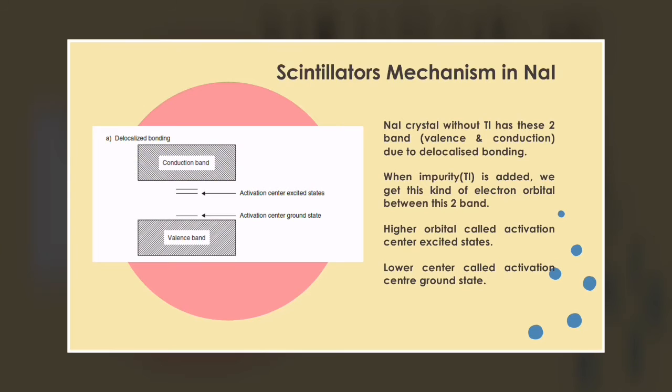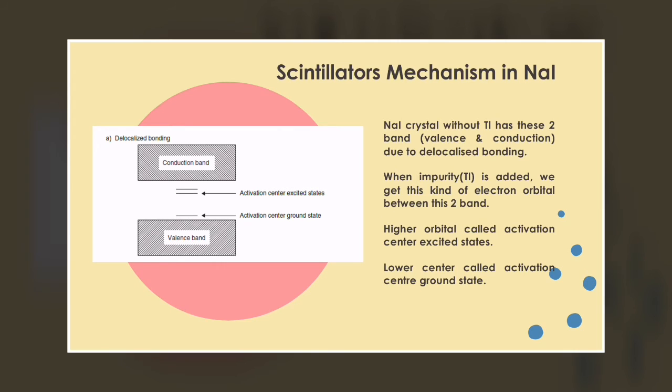Sodium iodide is an inorganic crystal, so the scintillation mechanism differs considerably from that of organic crystals, and this is the scintillation mechanism in sodium iodide. In the sodium iodide crystal, thallium, known as the impurity, replaces 1 in 1000 atoms of sodium iodide.